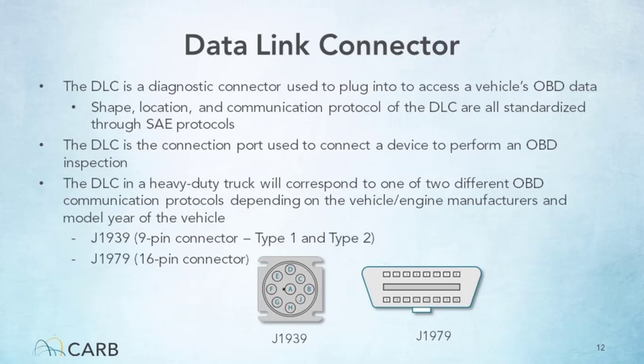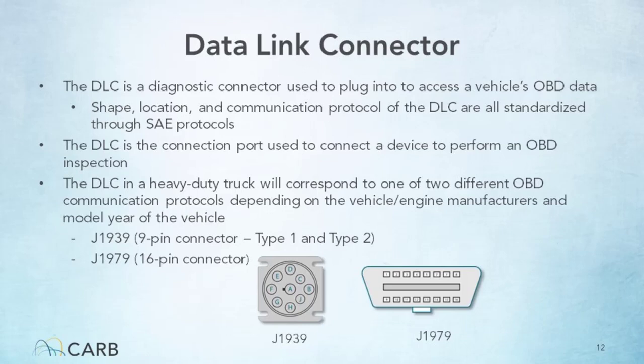To perform the HD-I&M vehicle compliance test, the test device needs to be plugged into the vehicle's Diagnostic Link Connector, or DLC. The DLC is a standardized connector used to plug into OBD scan tools to access the vehicle's OBD data. Depending on the vehicle's make and model year, the DLC can have different shapes and colors.